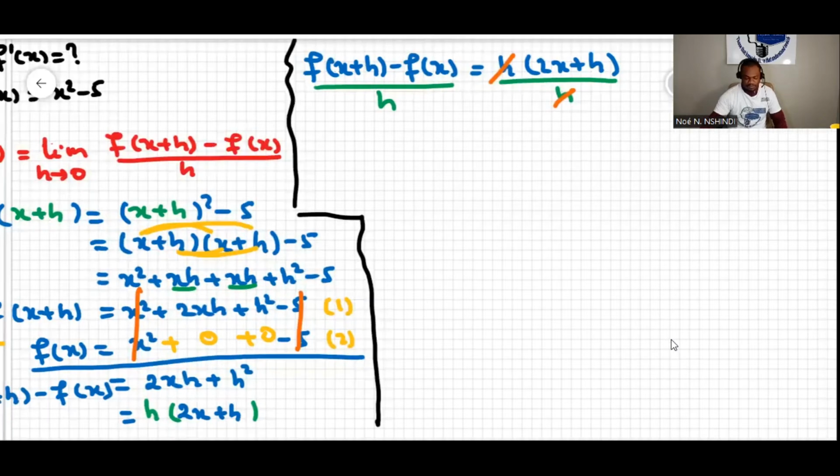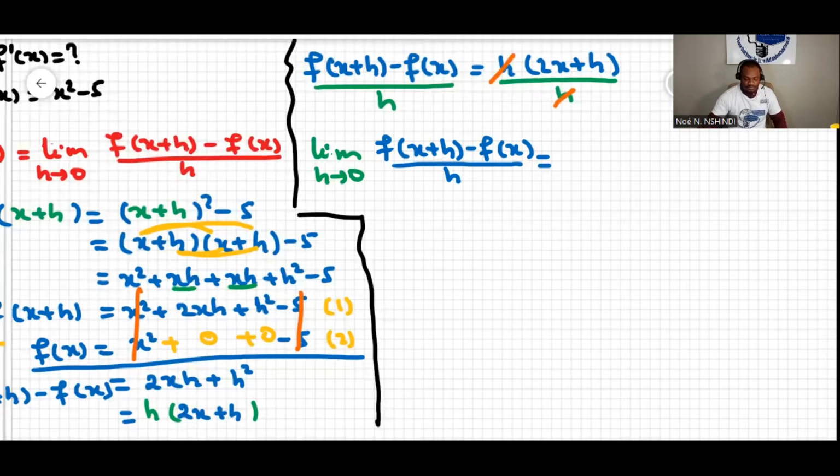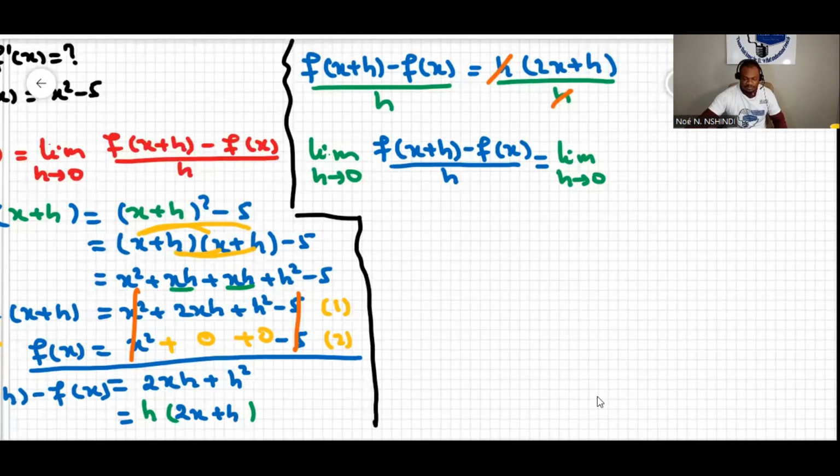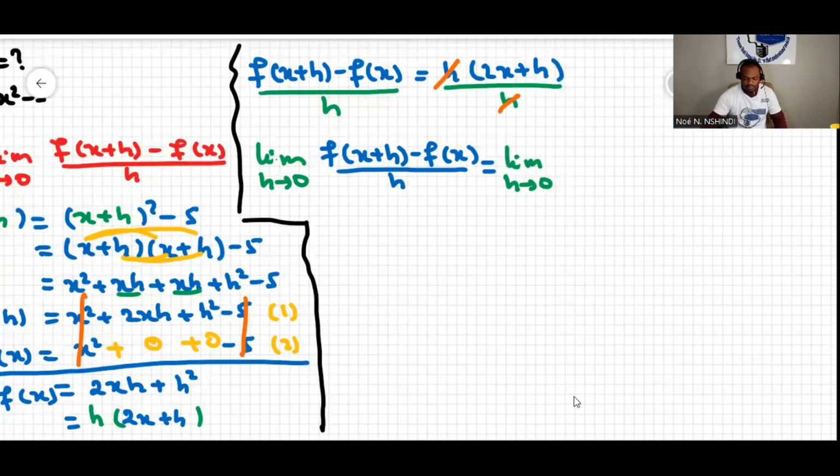So if I put the limits on the left and on the right, we have the limit as h approaches 0 of f of x plus h minus f of x all over h, equal to the limit as h approaches 0 of what? 2x plus h there.